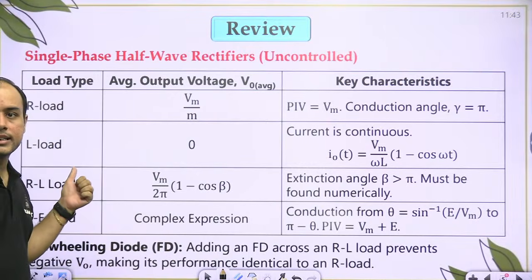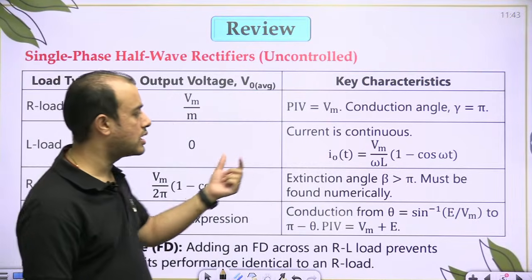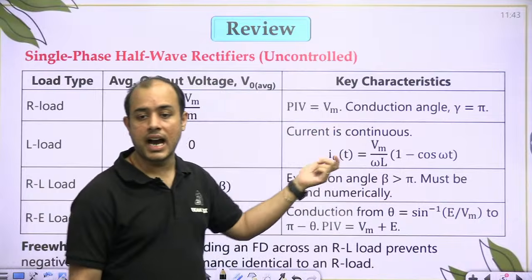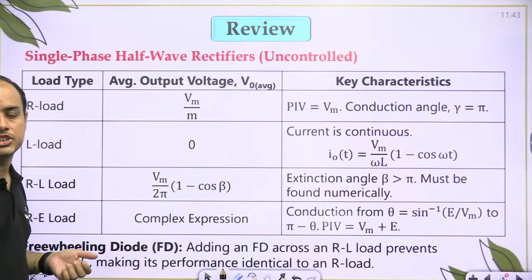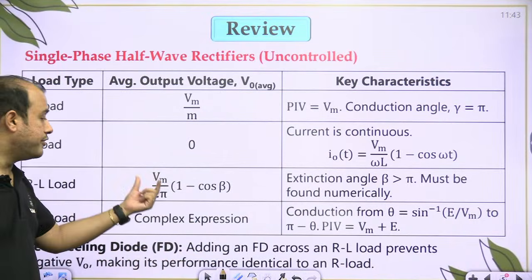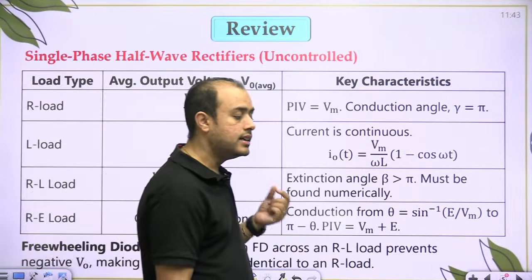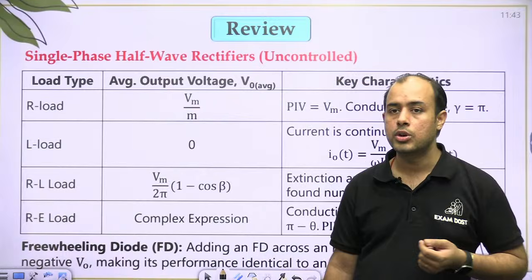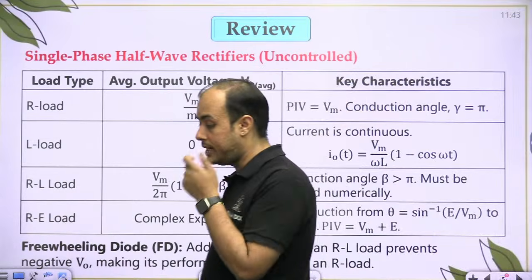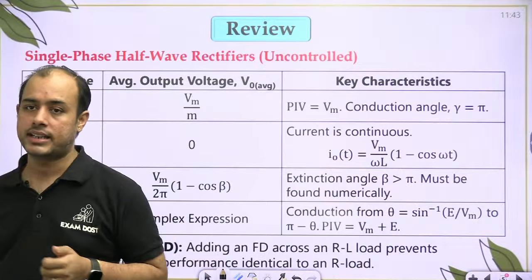For purely inductive load, average output is 0, current is continuous, diode never stops conduction. RL load, Vm by 2 pi 1 minus cos beta, due to inductor, the extinction angle goes beyond pi and beta has to be calculated numerically.